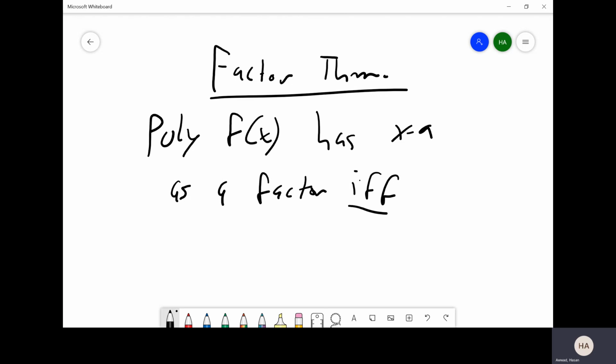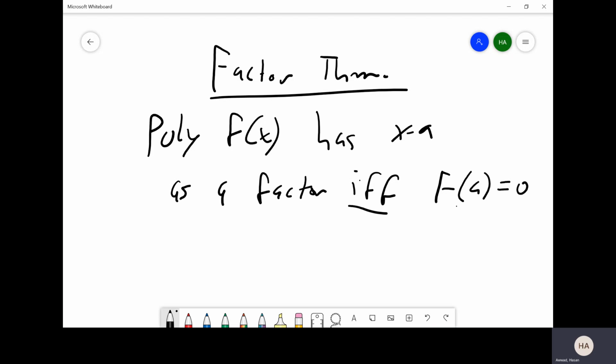I'll go over it in just a second. And then the following, f of a is equal to 0. So how this reads is polynomial f of x has x minus a as a factor if and only if your polynomial at a is equal to 0.